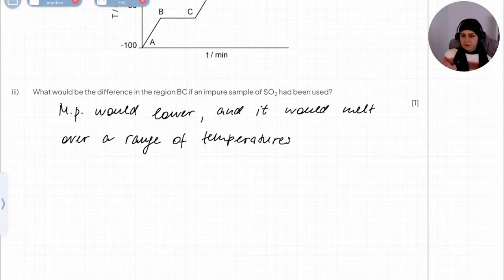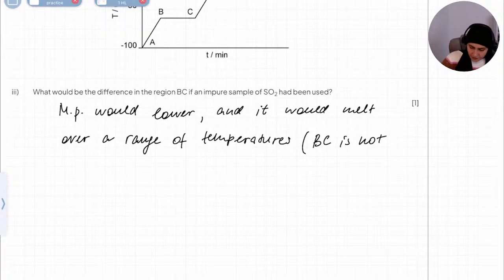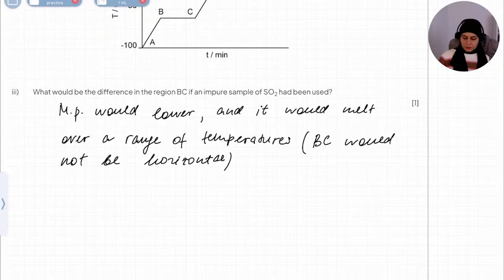And how would we see it? Well, we would see it as BC not being horizontal, or it would have a slope. That's too much for 1 mark, right?